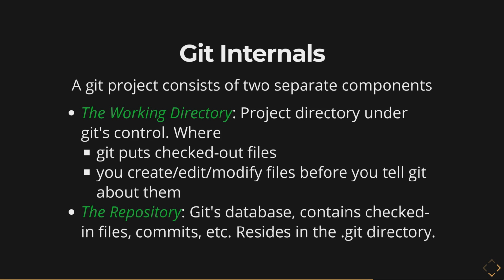Is that so? Have all of you seen that? Or is that something that's new to some of you? So the entirety of the repository, all of the changes, all the files that you check in, they actually go into the .git folder or the .git directory.